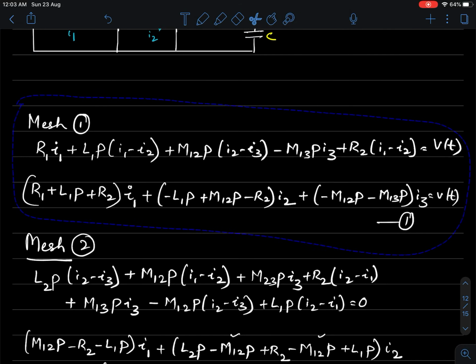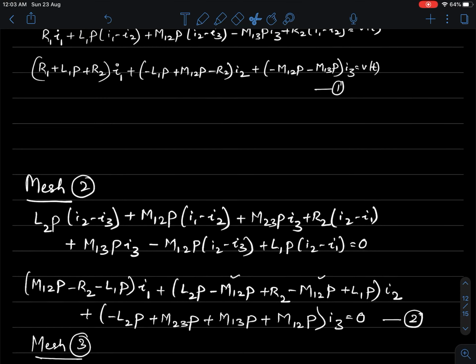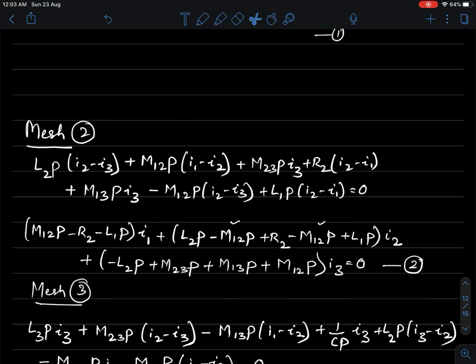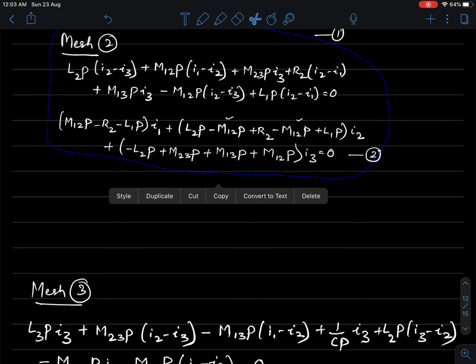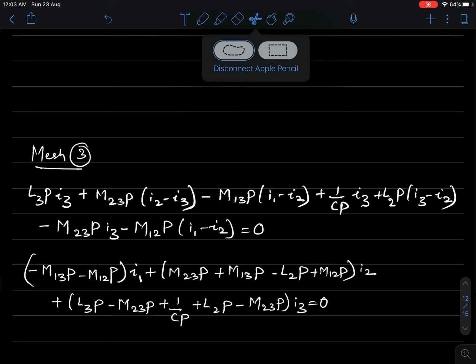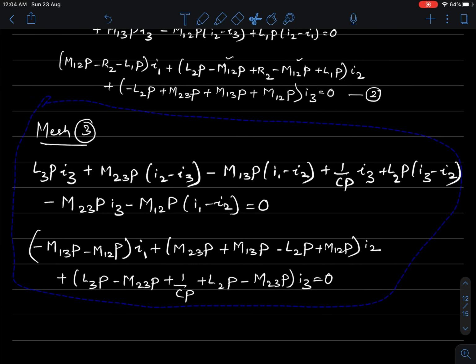I'm trying to adjust the space that I have, because I need to fit within the available space. Just a moment, all right? I'll be able to take care of these things.